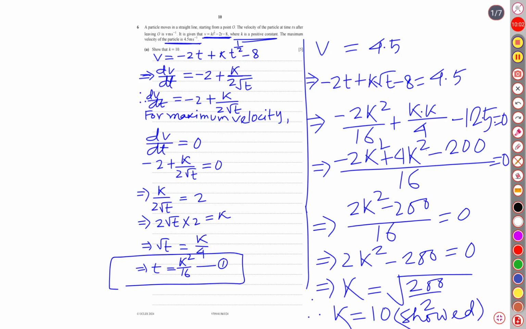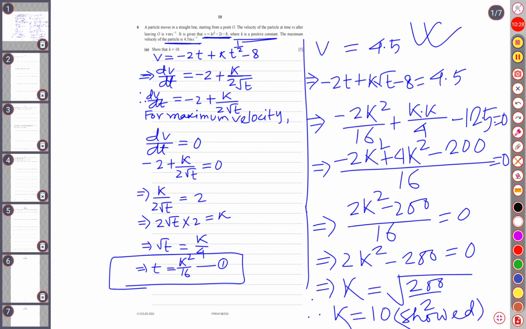As I have told, there are two values missing simultaneously, so in one step we cannot solve the whole solution. That's why we took two steps. And then maximum velocity is given 4.5 meter per second. Applying the value of t, we have got that k is equal to 10. Let's move on to the immediate next question. The next question says, it may be on the next page.